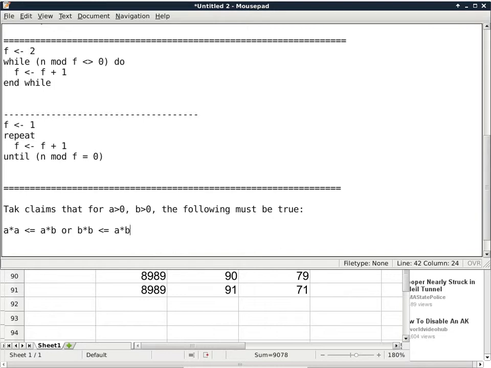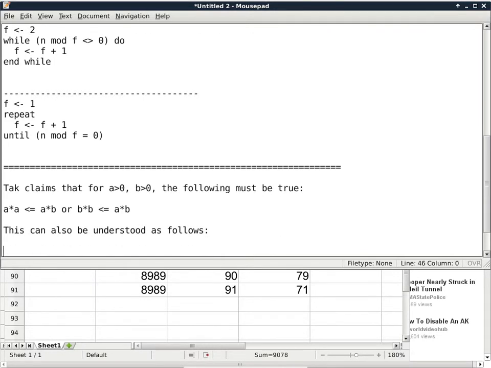There's another way to put this too, okay? This can also be understood as follows. p equals a times b. a is less than or equal to the square root of p, or b is less than or equal to the square root of p. p is the product of the numbers a and b.